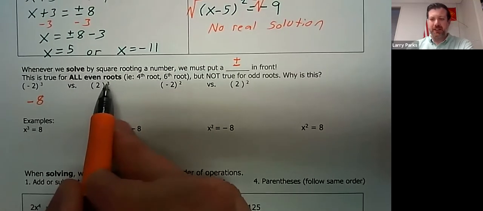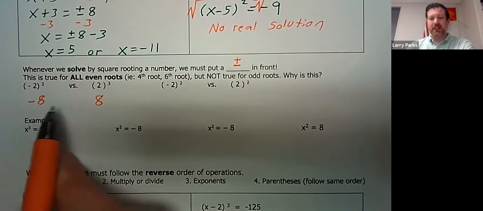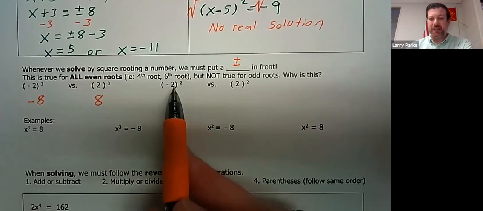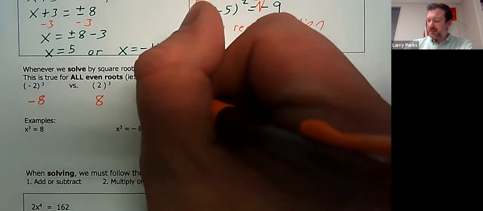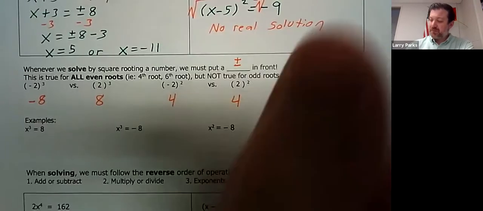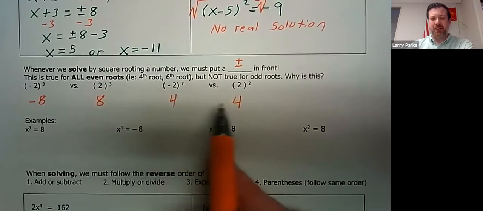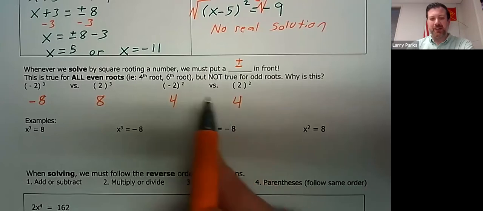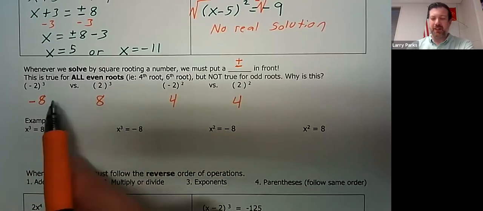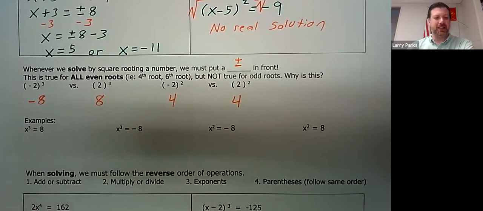But 2 to the 3rd, 2 times 2 times 2 is 8. Notice they are not the same thing. However, when you square, negative 2 squared is 4, and 2 squared is 4. So anytime you have an even root, you get the same number. That's why you have to look at the positive and the negative. With an odd root, they're unique, so you don't have to do positive and negative.